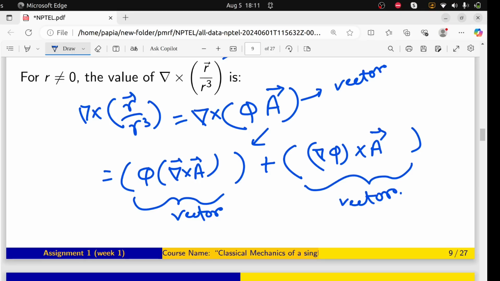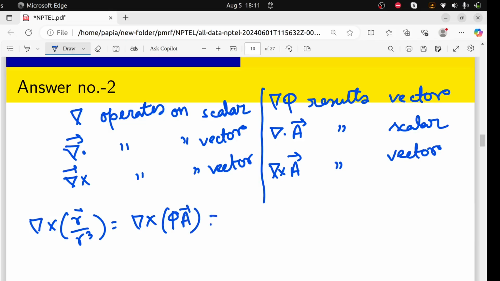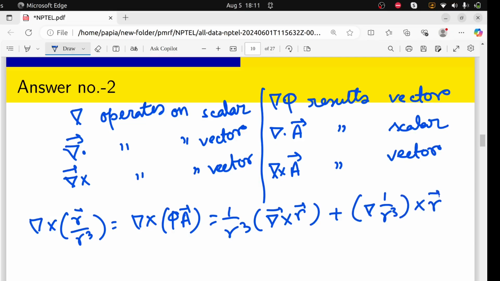So if I follow this notation, it will come as curl of r vector by r cube, and I am going to write it as phi A vector. So it is like 1 by r cube, then curl of r, plus grad of 1 by r cube cross r vector. Okay, so this we are getting.